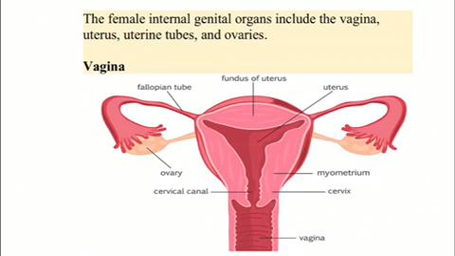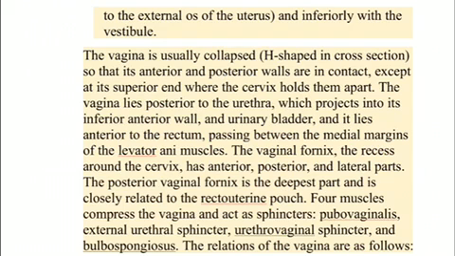There is a part of the vagina we call the vaginal fornix. This is actually a space, a recess around the cervix that has anterior, posterior, and lateral parts. The posterior vaginal fornix is the deepest part and is closely related to the recto-uterine pouch.